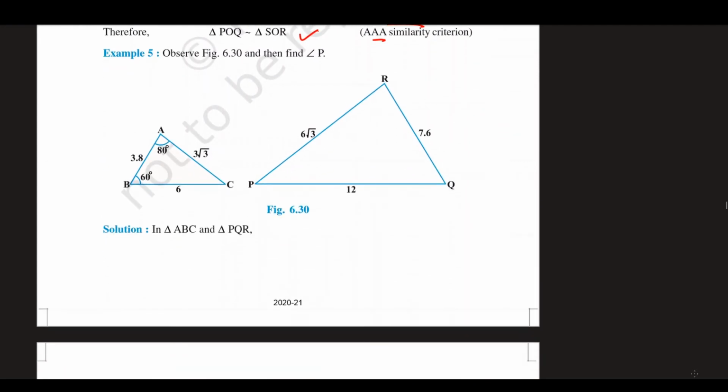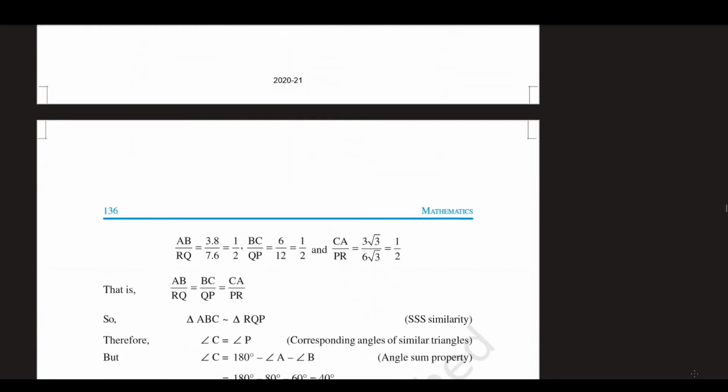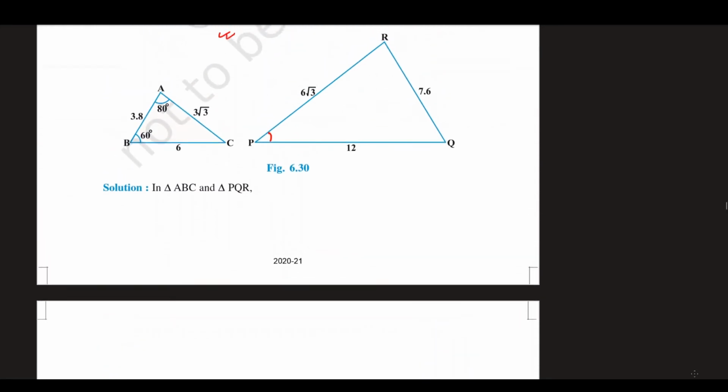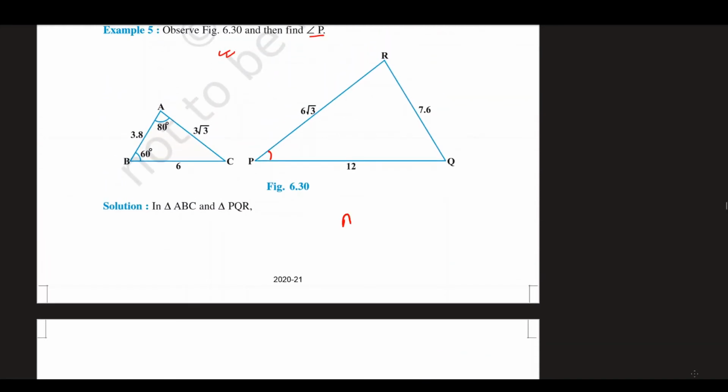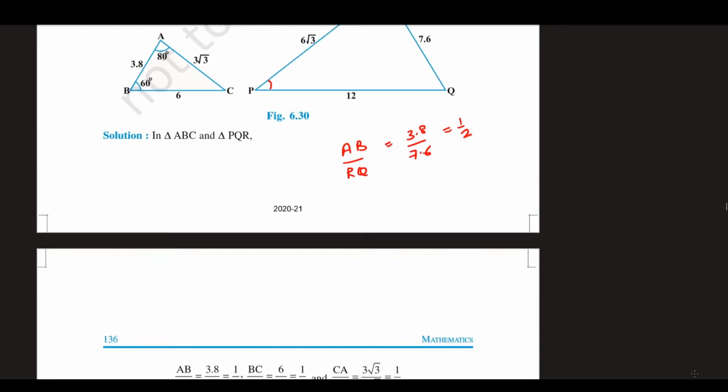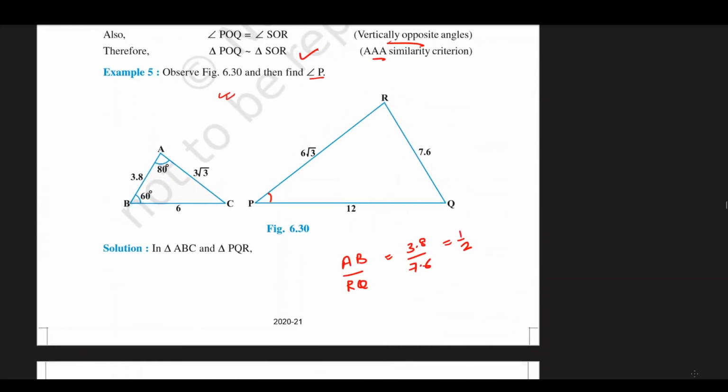Then we have this question and we have to find this angle P. Okay, so in triangles ABC and PQR, just find the ratio of AB upon RQ. What is this? 3.8 upon 7.6, that is 1 by 2. Then we have BC upon QP, that is 6 by 12, that is again 1 by 2, and AC upon PR is again 1 by 2.